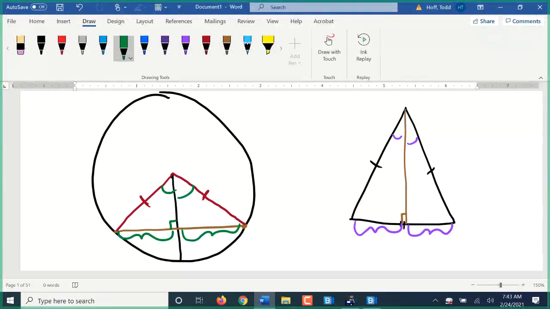Being able to use this idea that any triangle made with those radii and a chord across the ends, with a radius hitting that chord perpendicularly, will cut that chord in half and cut the angle in half. It allows us to create right triangles, basically.